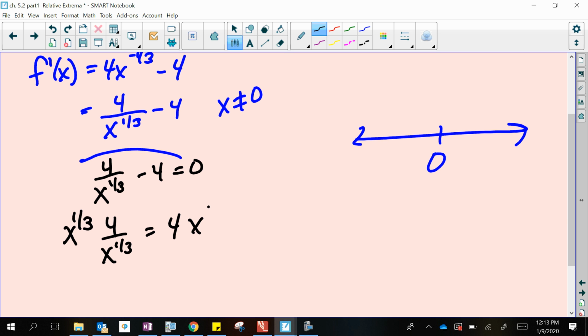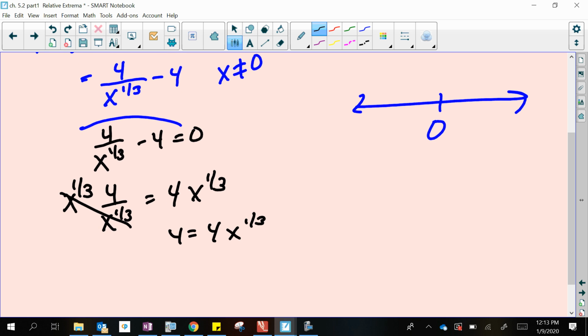Awesome. So it's, right, so 4 equals 4x to the 1/3. On a roll. Molly, what next? How do we get that x by itself? Divide by 4. Everybody following this? Because now it's going to get a little bit tricky.